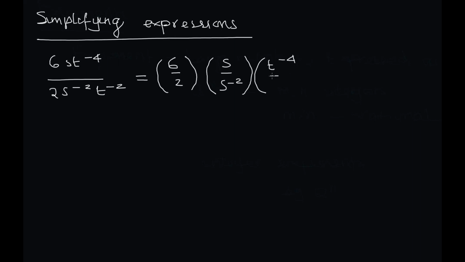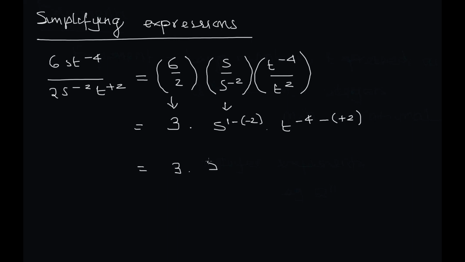We see there's t, we separate the t's. Now we can simplify individually. 6 over 2 becomes 3. s over s power minus 2 becomes s power 1 plus 2. t power minus 4 minus minus 2, so t power minus 4 plus 2.